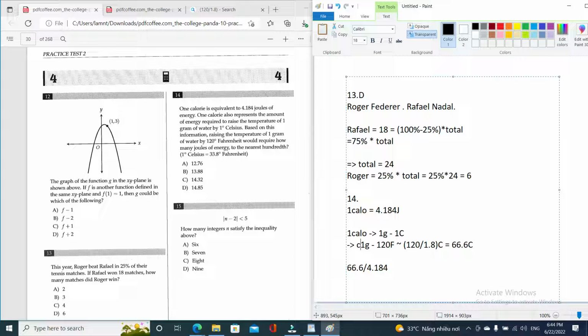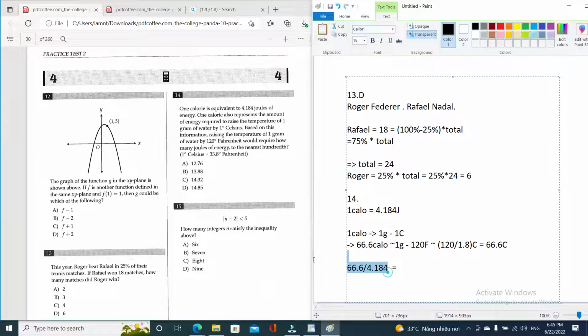So that's 66.6 calories. So roughly I think it's D, but let's check it out.